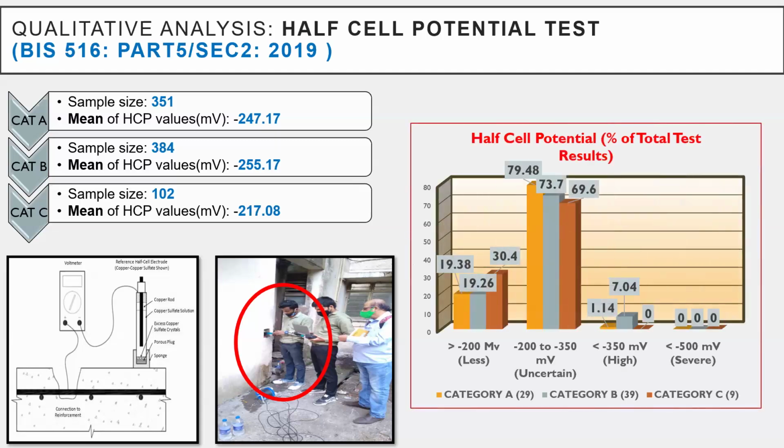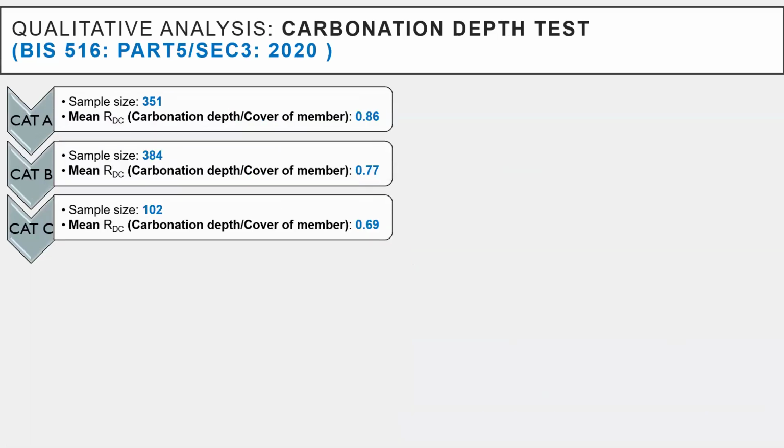And if I look at the histogram, then what I have found? I have found out that more than 92% of locations have revealed that there is a very less chance of corrosion, or corrosion chance is uncertain. So this is what I have observed from the half cell potential test.